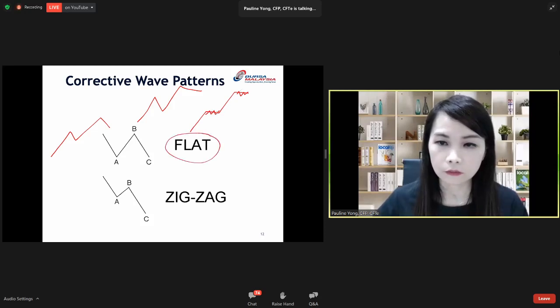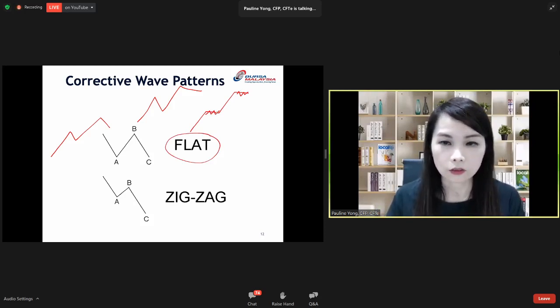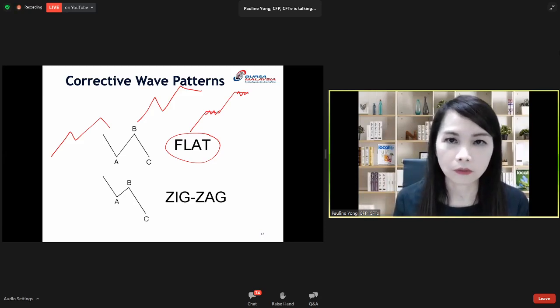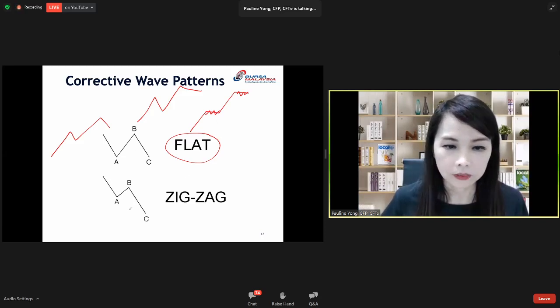Because the horizontal trend is flat, you can relate, so there's no difficulty memorizing the term. When you're in a horizontal trend, this one is flat. And the zigzag means it will be down. Let's say you are in an uptrend, and when you have a zigzag, that means you are down.